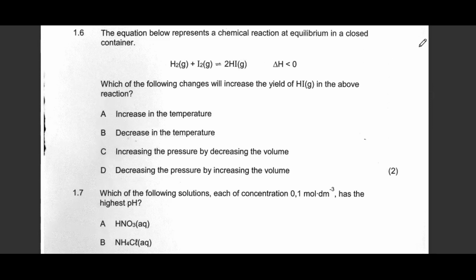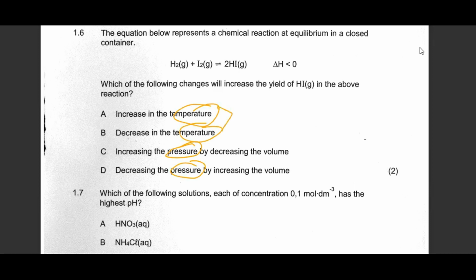Then question 6, they're saying the equation below represents the chemical reaction at equilibrium in a closed container. Yes, if it is in a closed container, which one of the following changes will increase the yield of hydrogen iodide? So first ask yourself, because they're talking about pressure and temperature.